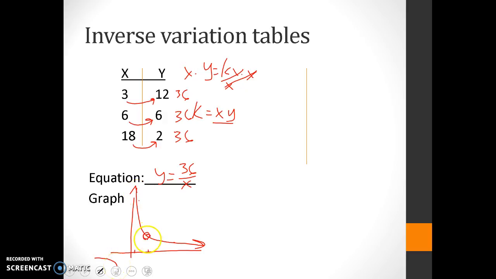Probably a key point is right here in the middle. This point is related to that 36. If the x and the y are the same, that means the x times the y are the same thing. They multiply together to give me the 36. That means that x and y are both the square root of 36. And so I know that this point right here is going to be the point 6, 6.